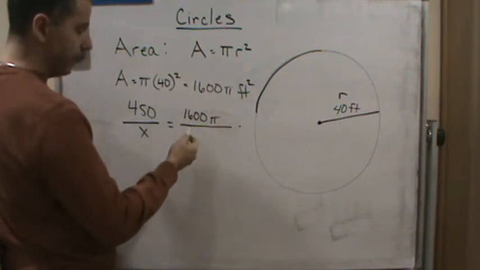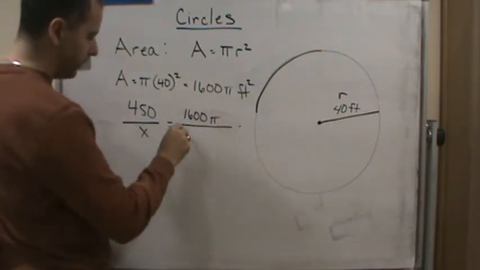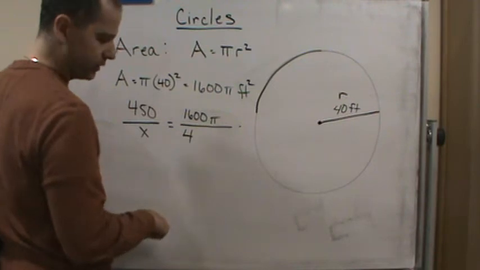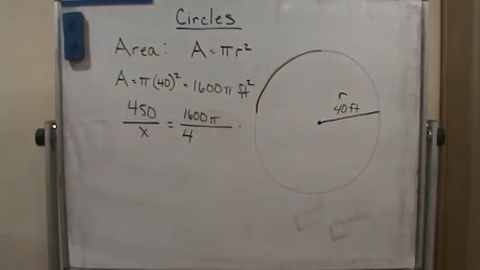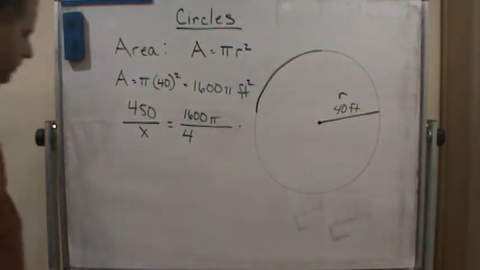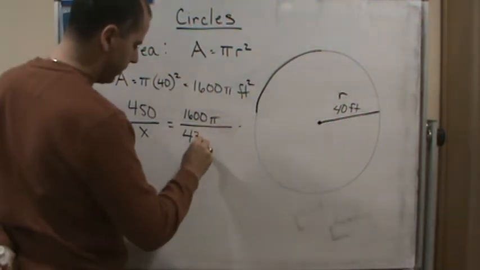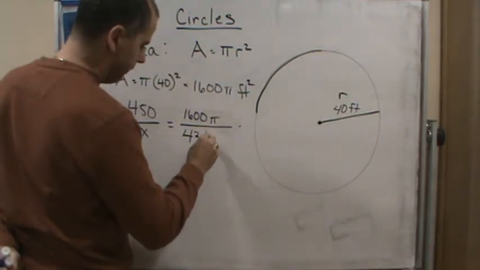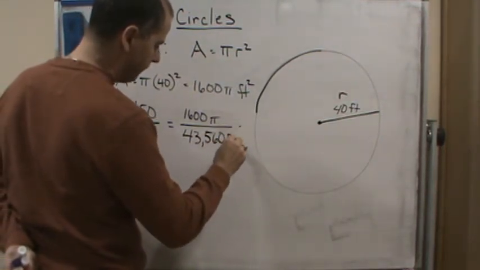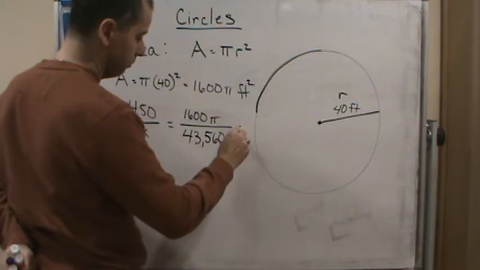Well, how many square feet are there in an acre? There's 43,650, is that right? No, 560. I had it backwards. So 43,560 square feet per acre.